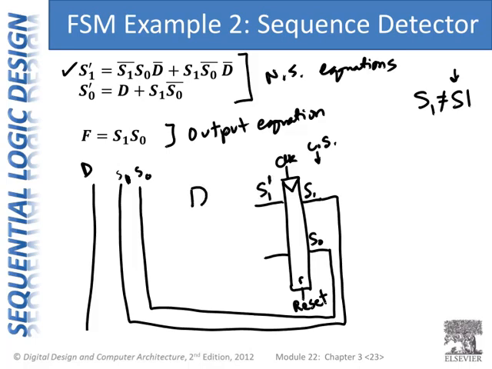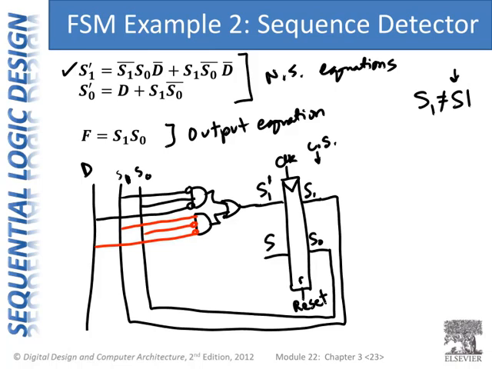We're going to have two AND-shaped gates, and those are going to be ORed together. We'll get a bubble here, S1 bar, S0, and D bar. And then the next term, S1 and S0 bar and D bar.